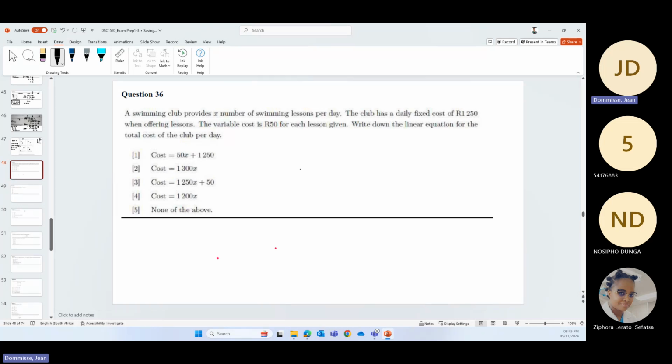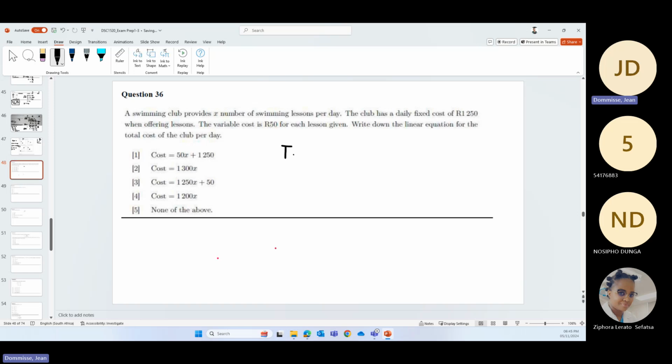That was part of study unit, I think chapter 2 and 3 nearly. So a swimming club provides X number of swimming lessons per day. The club has a daily fixed cost of 1250. When offering lessons, the variable cost is 50 Rand for each lesson given. Write down the linear equation for the total cost of the club.